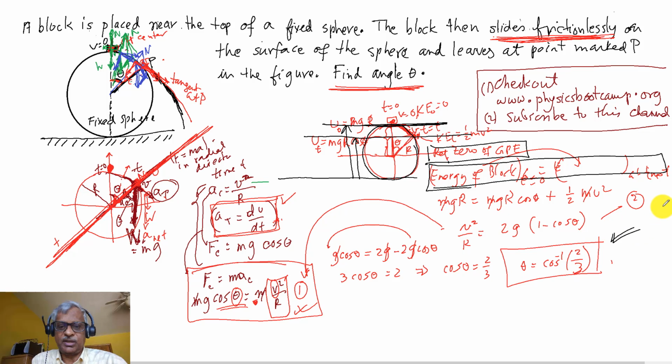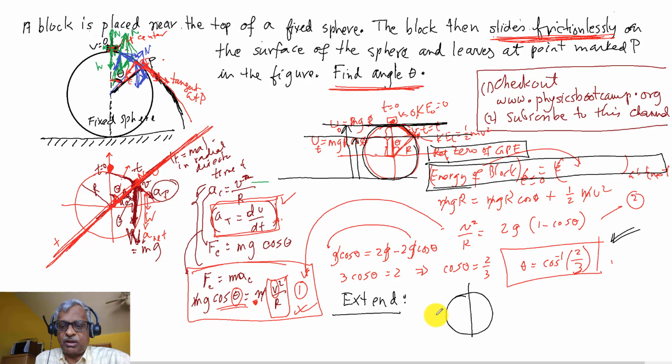Okay, so that's all for this. In terms of extension of this problem, how can you extend it? You can ask a question like this, see if you can actually do this problem on your own. I'm not going to address this.